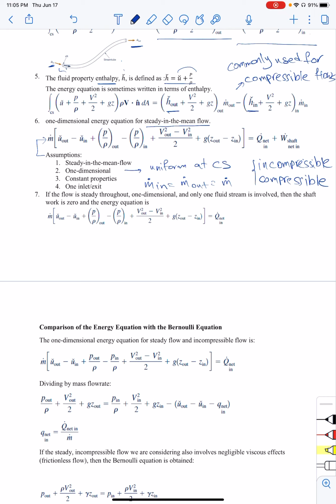And then next is an even more simplified equation than this one, and this is when the shaft power is zero. If we say that the flow is steady throughout the control volume, then the shaft power is zero. In other words, fluid machines involve locally unsteady flow, but when we say that it's steady, it means that we don't have any work.